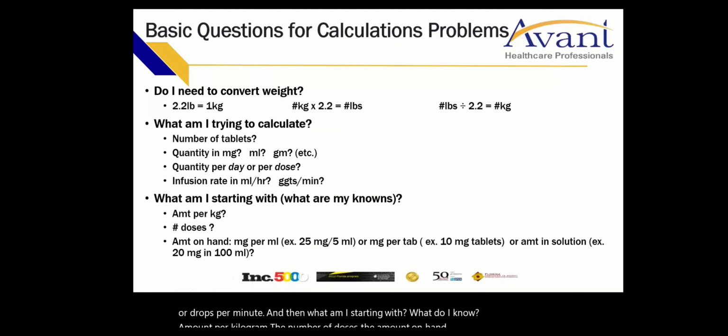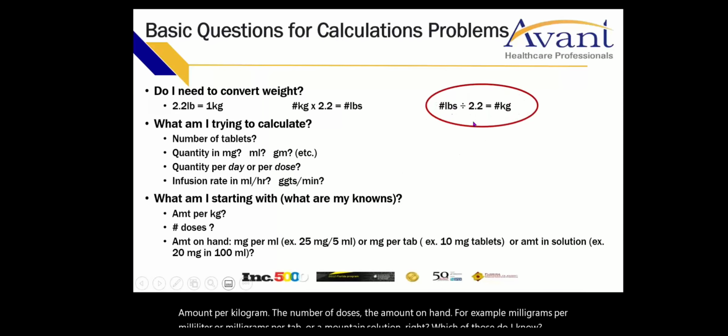For example, milligrams per milliliter or milligrams per tab or amount in solution, right? Which of those do I know? All right, and again, that pounds divided by 2.2 is equal to your kilograms. This is going to be a big thing. Most of your problems will give you a weight in pounds that you'll have to convert, okay?